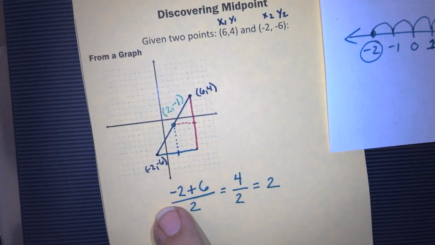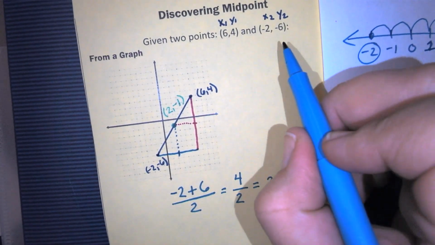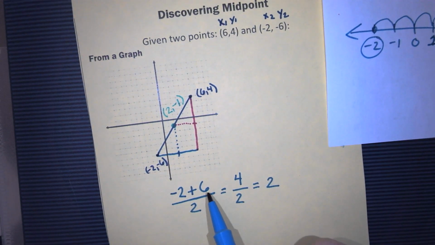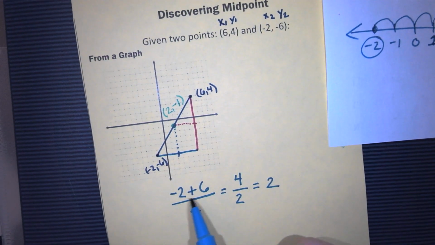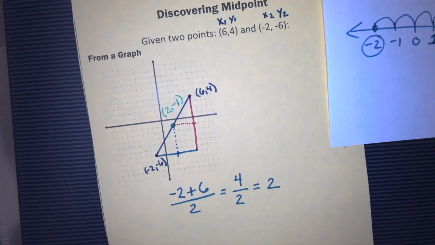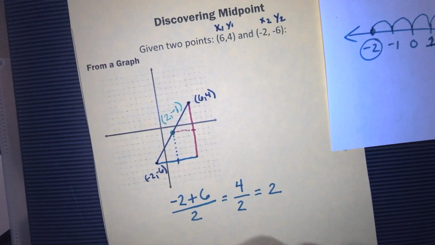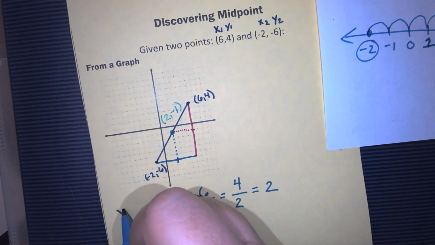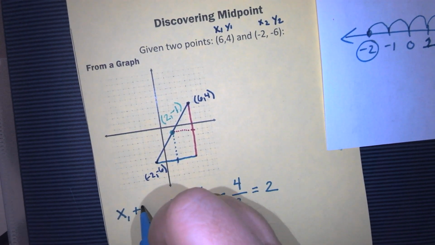How did I find that? What did I do? I took my x2, which was negative 2, and my x1, which was 6, and I added them up. I'm going to write it in a different order here. It doesn't matter because when I add, I can add either way. But I took my x1 and my x2, and I added them.